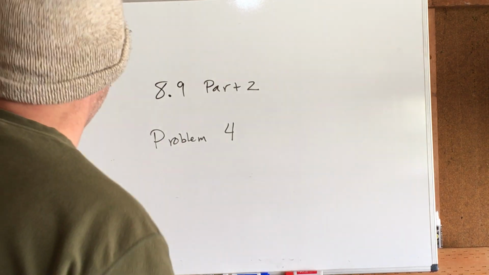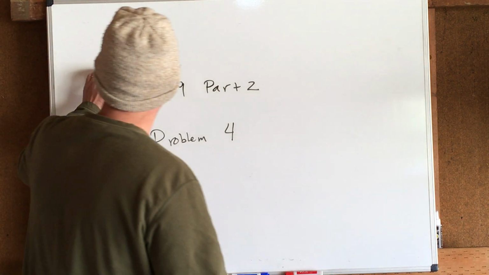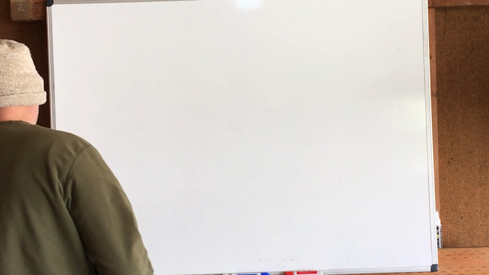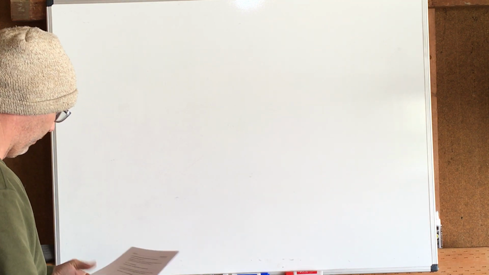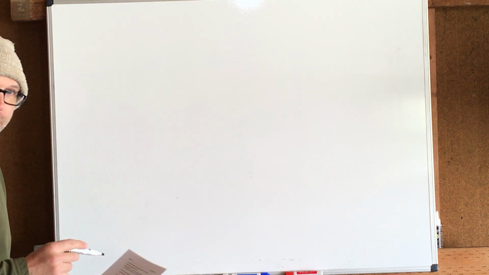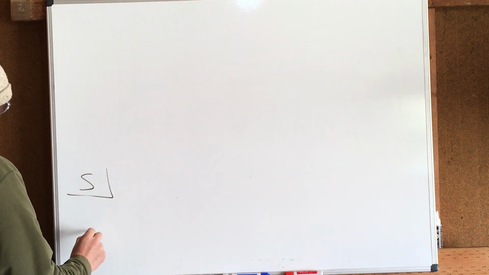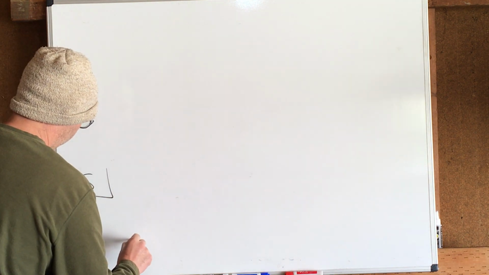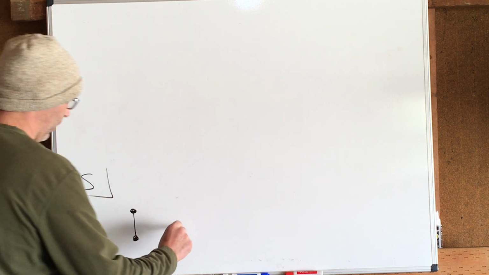Okay, here's problem 4 from the 8.9 part 2 worksheet. All right, now we saw this recursive definition in the section 8.8 worksheet. Just to jog your memory a little bit, we start out with the initial case, which gives us a dot. The recursive rule applied once gives us that thing.